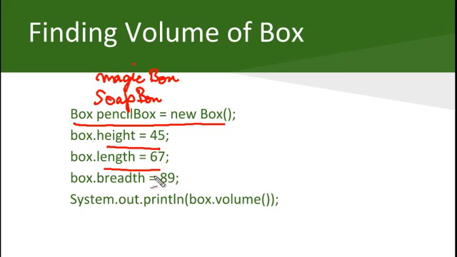You are setting the height, length and breadth of it using the dot operator, and when you print box.volume(), it is calling the method of that class, calculating the volume and returning that. So from our earlier example in which we were calculating the volume in main, now the volume is a method of the class itself.